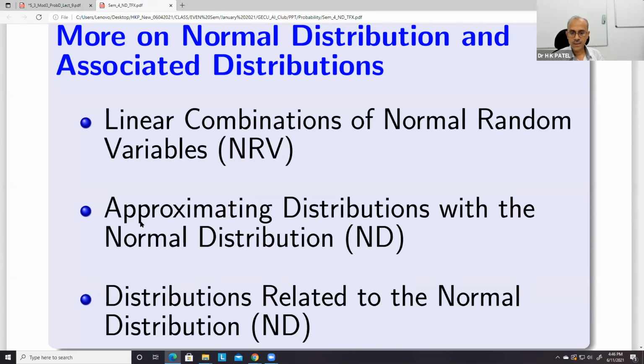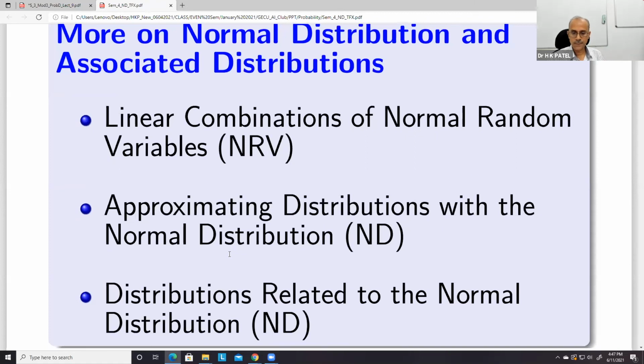Then approximating distributions with the normal distribution. For example, we can approximate the binomial distribution with the normal distribution, and we have to see what to do there.